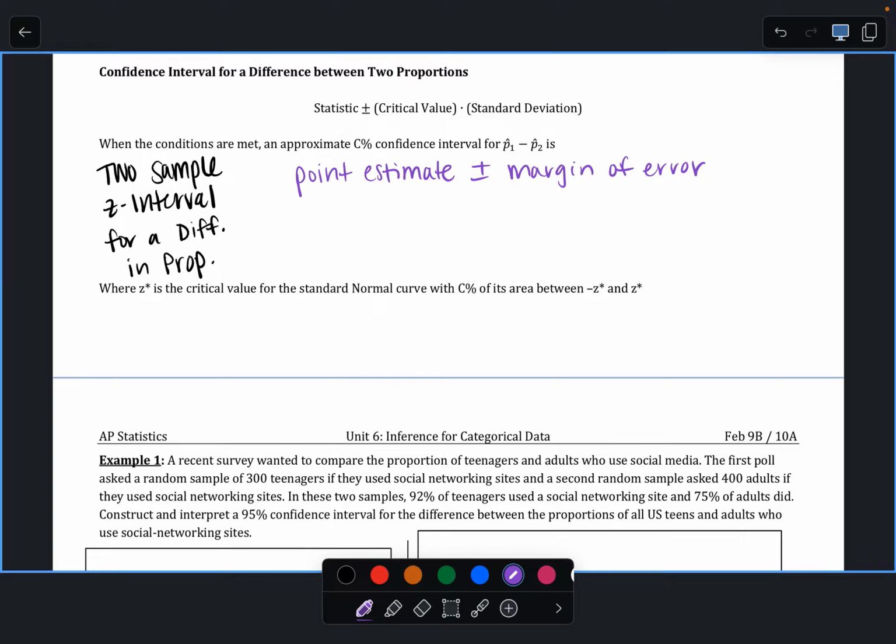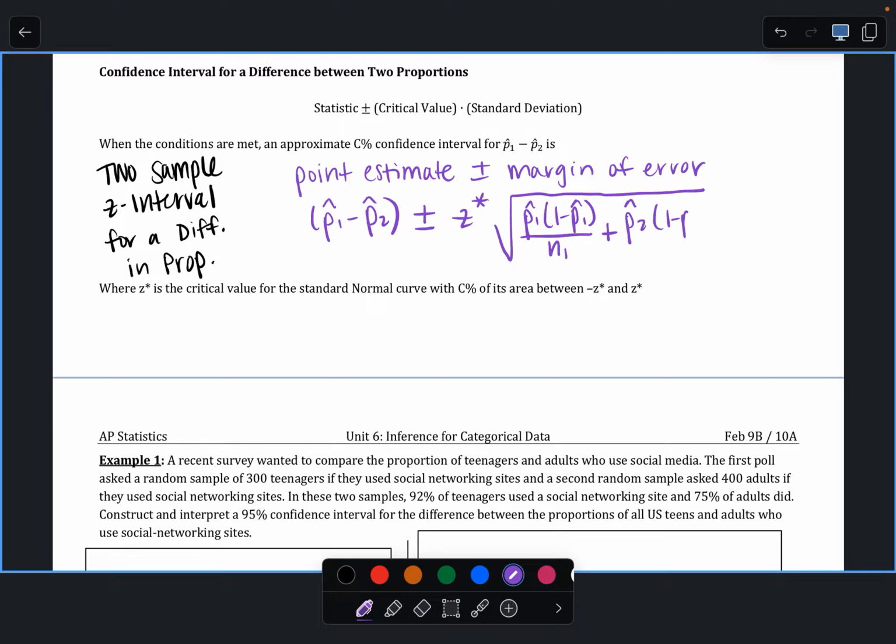So in the case of a difference in proportions, we are going to have p1 hat minus p2 hat plus or minus the critical value, which for any Z interval is always going to be a Z star. And then the standard error is the square root of p1 hat (1 minus p1 hat) over n1 plus p2 hat (1 minus p2 hat) over n2.